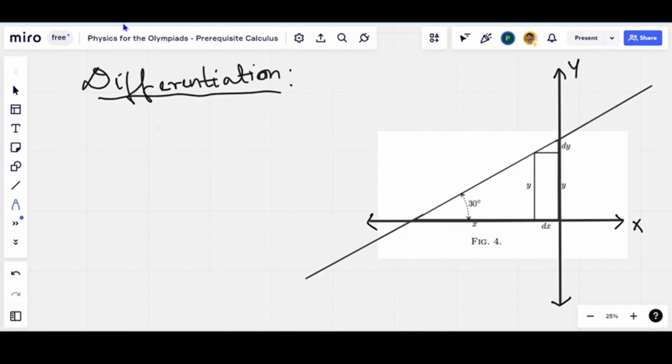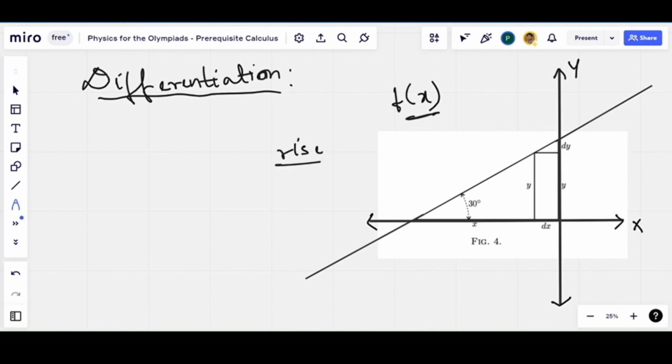This function is a straight line, and the slope of this line, as we have learned in high school physics, is y by x, that is rise by run.